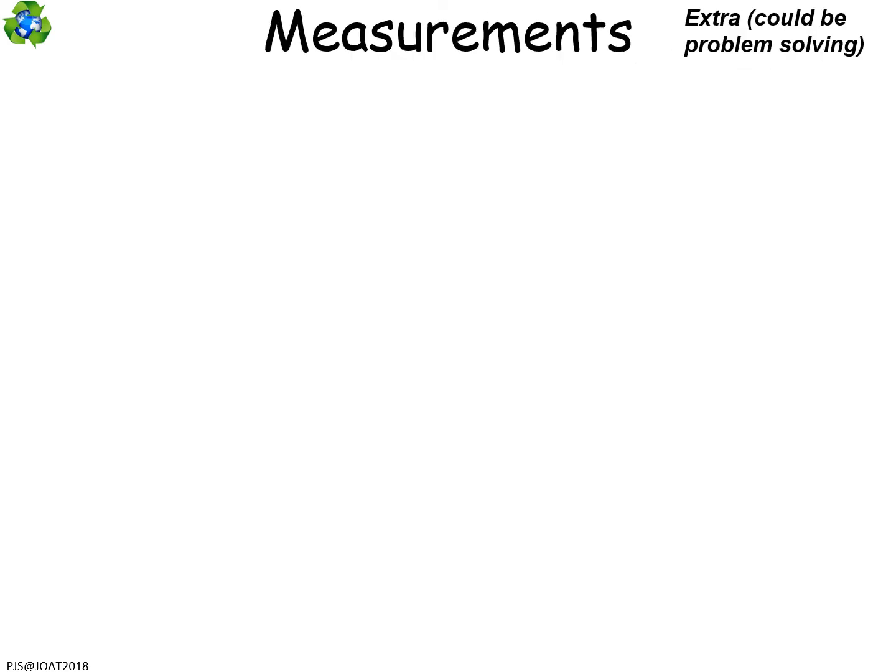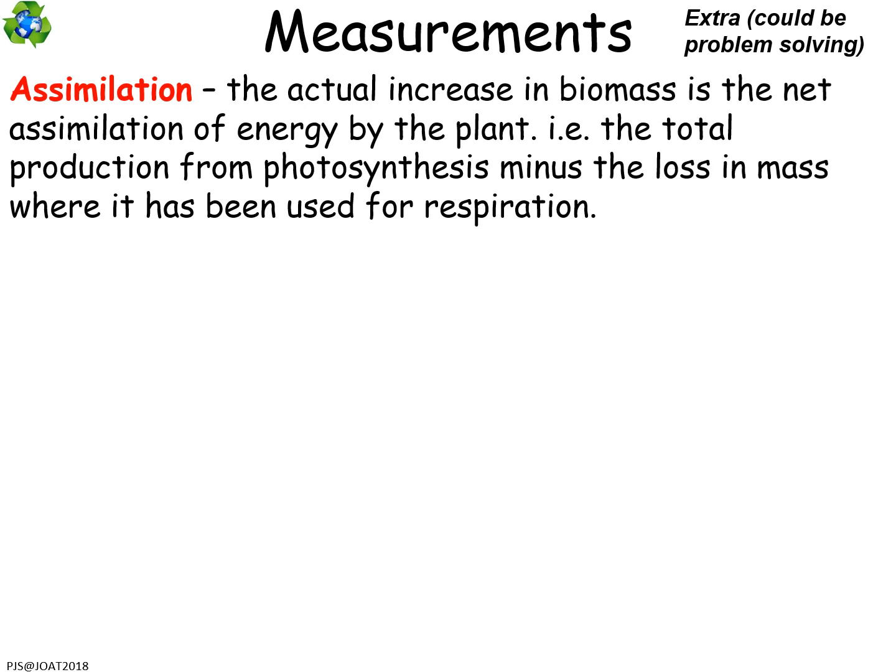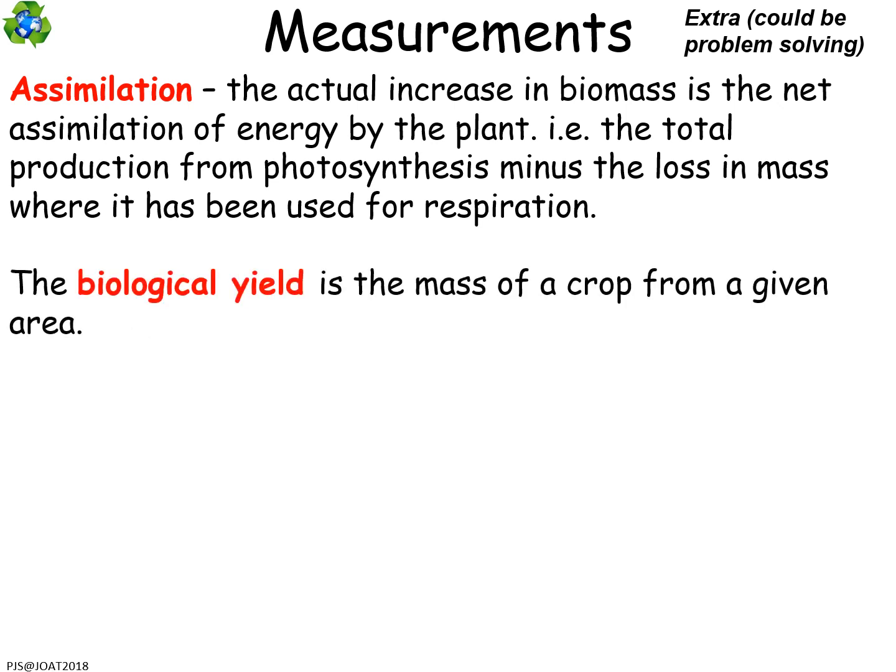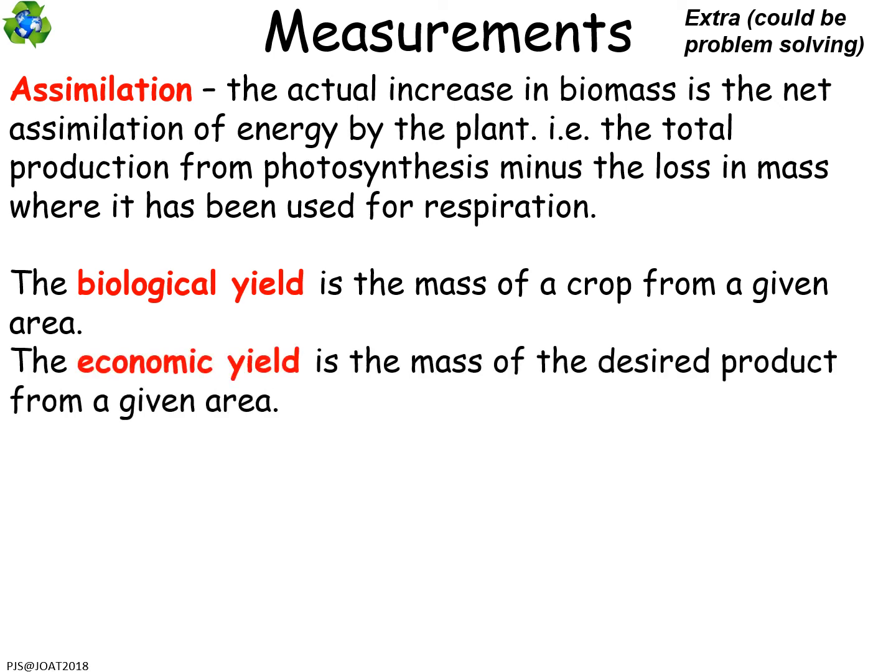This was in the course prior to a shift, but it could potentially be problem solving. So we have some other terms. Assimilation is how much is actually ending up in the plant after they've used the energy that they needed for respiration. Biological yield is how much you get of a crop from a given area, and the economic yield is how much of the crop that was useful is coming from that particular area.